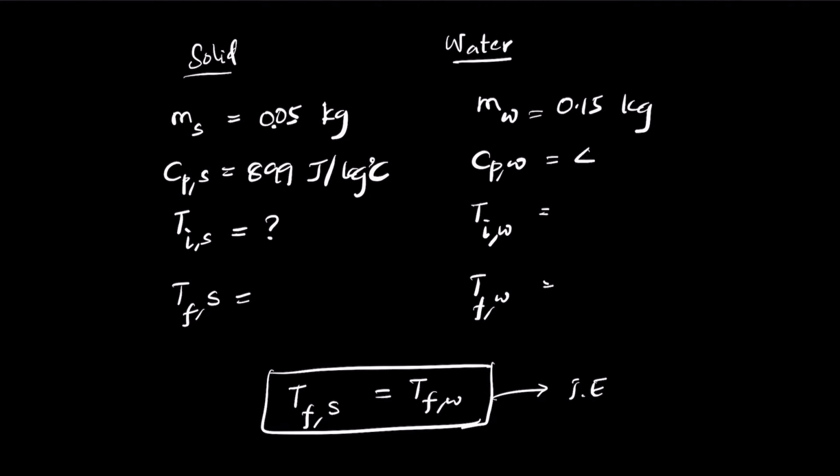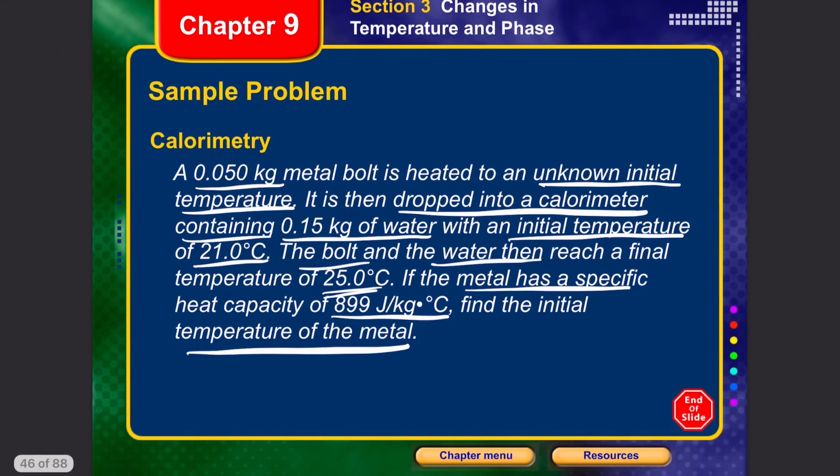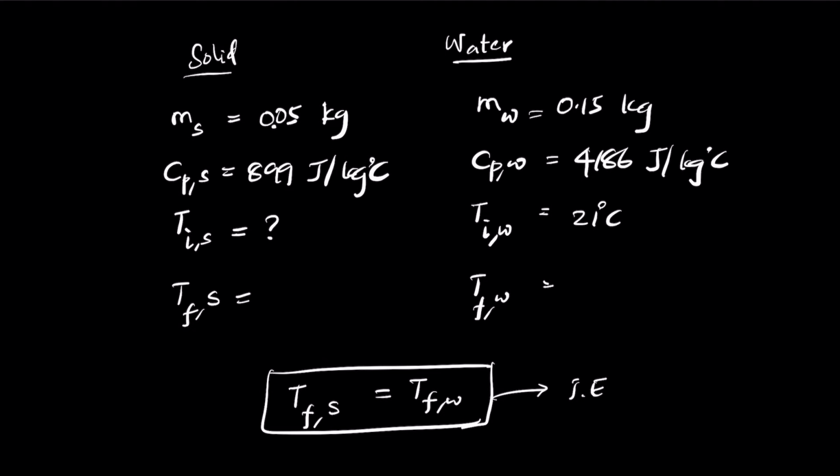The Cpw is 4186 joule per kg degree centigrade. The initial temperature of the water is 21 degree centigrade, and the final temperature of the solid and the water is 25 degree centigrade.